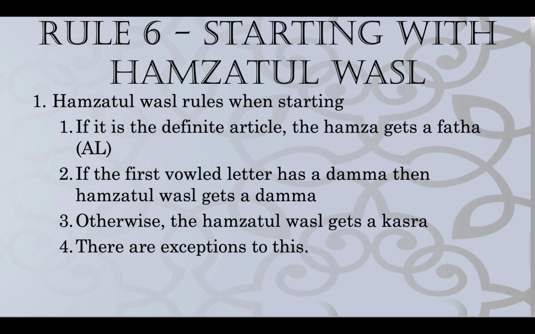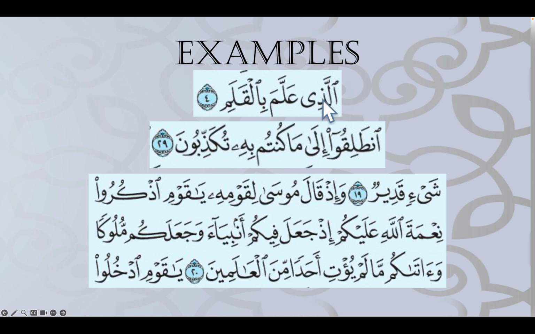Right here, these are examples of Hamzatul Wasl, and the word that we're going to talk about is this one. This is alladhi, and because it's lam and it's the definite article, we don't care about this dhal sukun. The first letter that has a diacritic is lam fatha, but because this is hamza fatha lam sukun, or hamza fatha lam shadda, Al, remember shadda is the letter occurring twice.